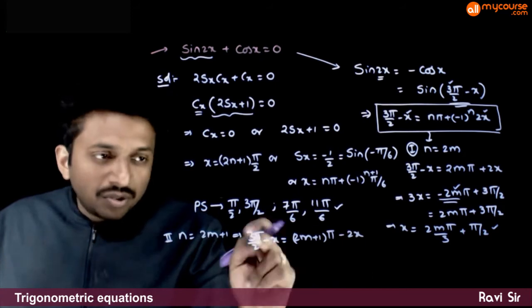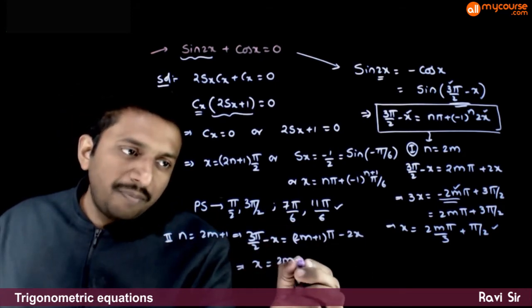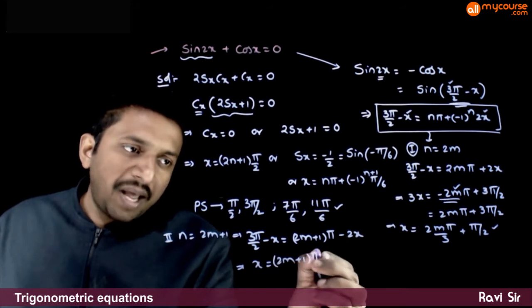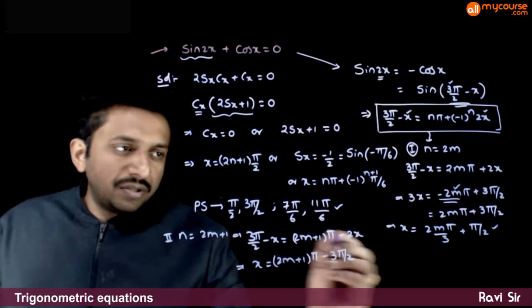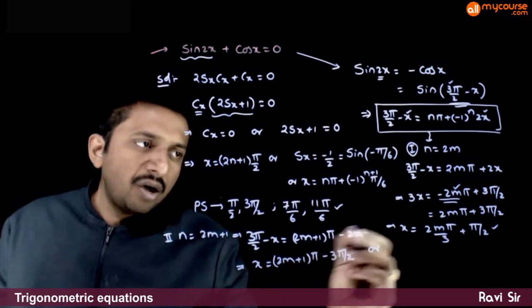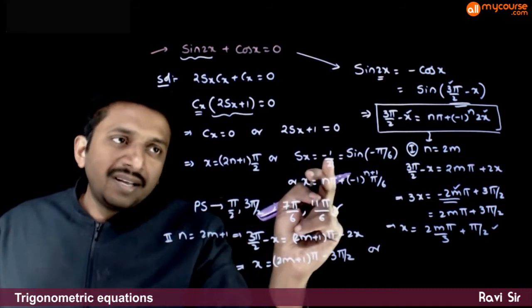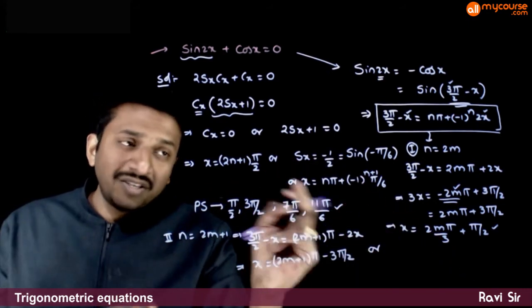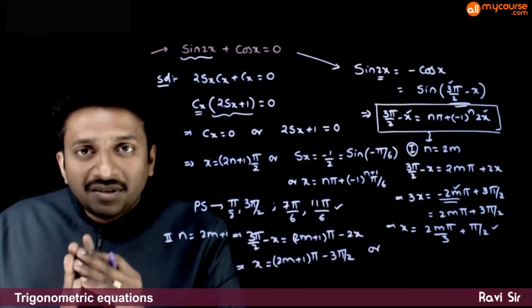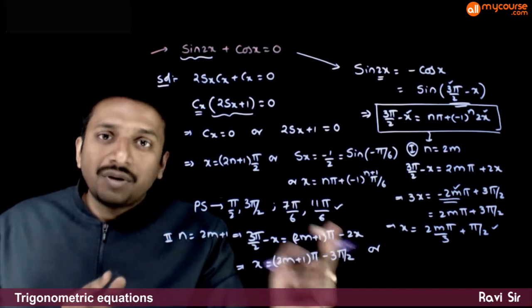This minus 2x goes onto that side, so plus 2x minus x is equal to 2m plus 1 times pi minus 3 pi by 2. So the solution of x is either this or this. As you can see, it looks quite different from the general solution of the same question obtained from the different process. But the final answers in roster form will be the same.